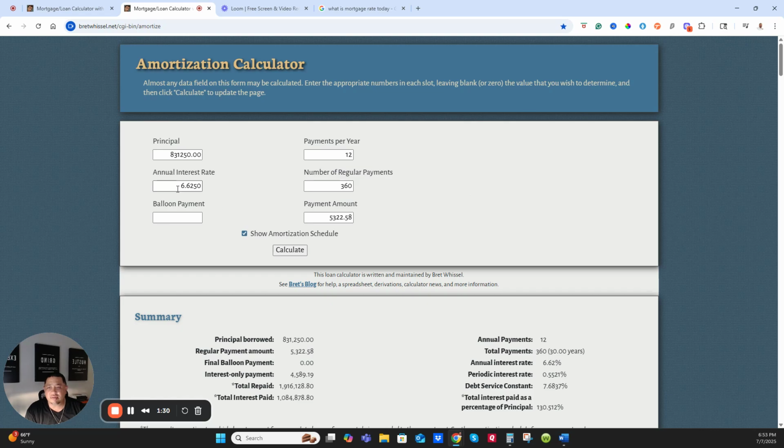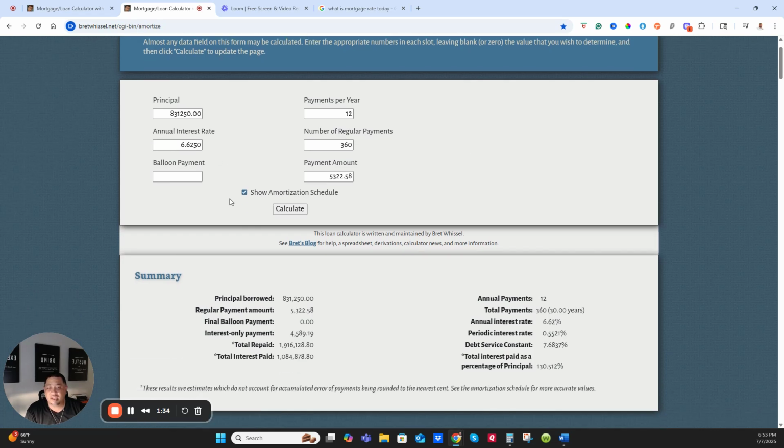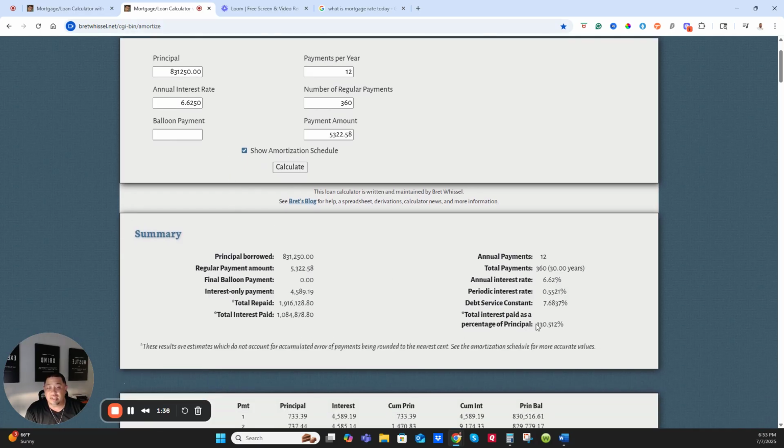So again, just keep in mind we're using a 6.625% interest rate. But as you can see right here, the interest paid is going to be more like 130% based on these numbers. Okay. So what does that look like to you? We're borrowing $831,250.